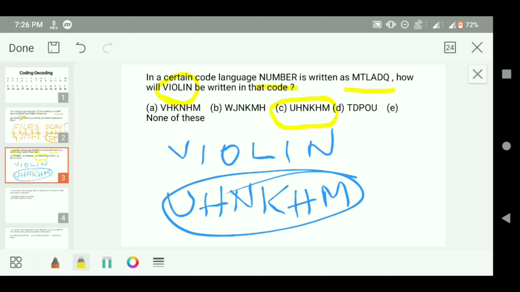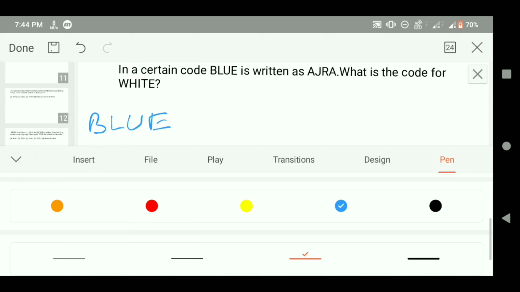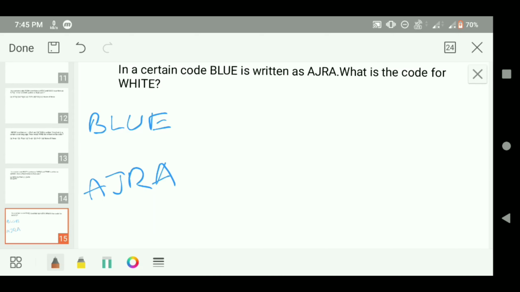This is another logic. And in the next question, in a certain code, BLUE is written as AJRA. What is the code for WHITE? So first we need to write the number positions for each and every alphabet. BLUE and AJRA. Here the number position for B will be 2, and for L it will be 12, and for U it will be 21, and for E it is 5.